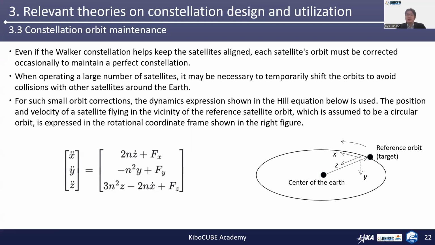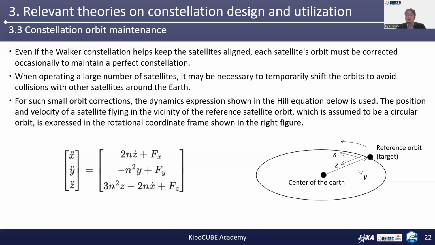In addition, when operating a large number of satellites, it may be necessary to temporarily shift the orbits to avoid collisions with other satellites around the Earth. For these reasons, orbit correction operations that slightly change the orbits are necessary to maintain the constellation.